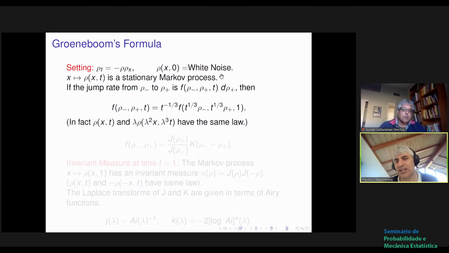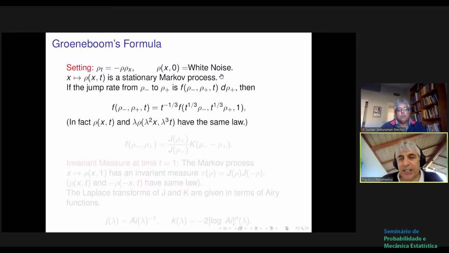So you see that this scaling would be very familiar to those who work on KPZ universality. They have the same law, and using that and the fact that you start from white noise initial data, you can easily see that this kernel enjoys the following scaling property, which means that if you know the kernel at time t equals 1 of the solution to Burgers' equation, then you know it at other times.